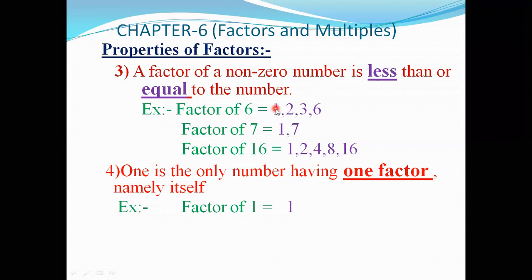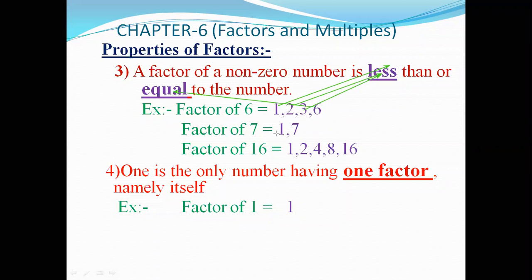We see 1 is less than 6, 2 is less than 6, 3 is also less than 6, and 6 is equal to 6. These three numbers, 1, 2 and 3, are less than 6.